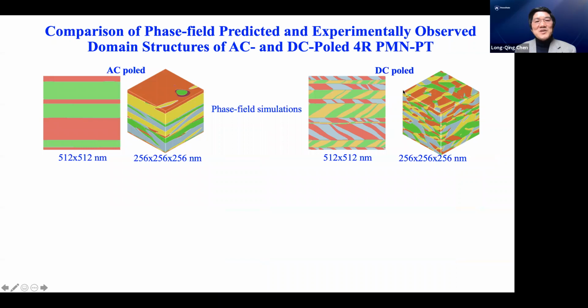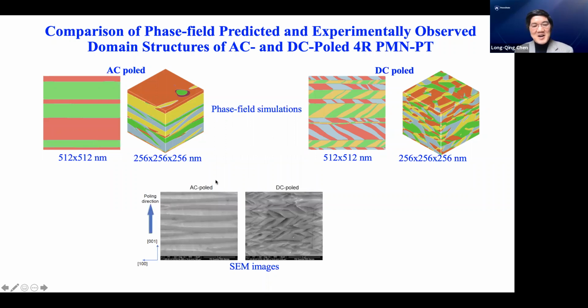Okay, so here I'm doing a comparison of what we predicted from phase field simulations and the experimentally observed domain structures of AC poled and DC poled PMN-PT crystals. On the right-hand side is a DC poled sample with many more, smaller domains. The left-hand side is an AC poled sample, using both 2D and 3D simulations. Now, these are SEM images, which give a much clearer comparison. The AC poled sample on the left is just a layer structure, almost like a single domain in each layer. But in the DC poled sample, you see a lot more domain walls.